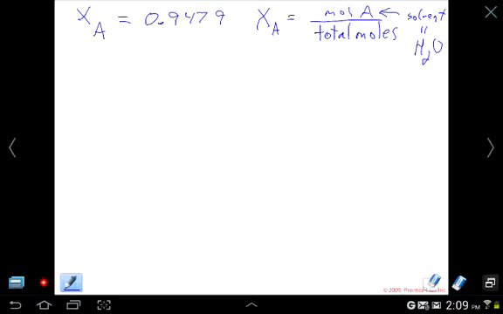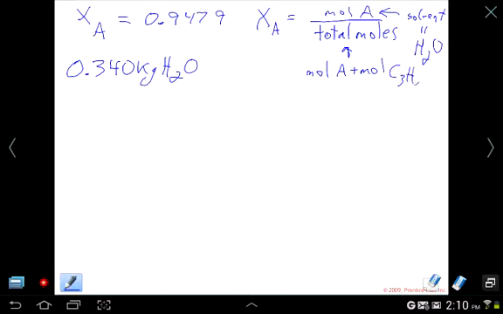In fact, the problem says that we have 0.340 kilograms of water. So we can actually find out how many moles of water we have. And then the total moles is moles of A plus moles of our other substance, which in this case is propylene glycol, C3H9O2. So what we'll have to do is plug in our unknown values and then rearrange to solve for the equation.